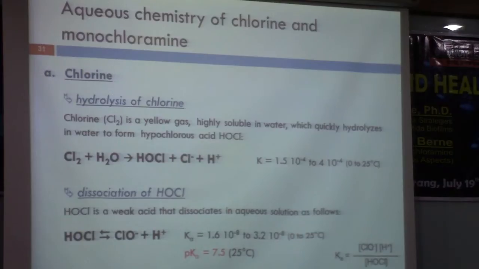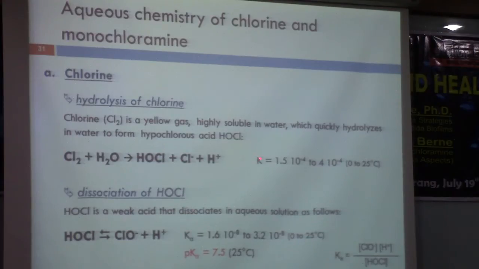A few words on the chlorine chemistry and monochloramine chemistry in aqueous solution. Just to say, chlorine gas is highly soluble in water, which quickly hydrolyzes to form hypochlorous acid, HOCl. HOCl is a weak acid, and it dissociates to form the conjugate base, OCl-, the hypochlorite ion.